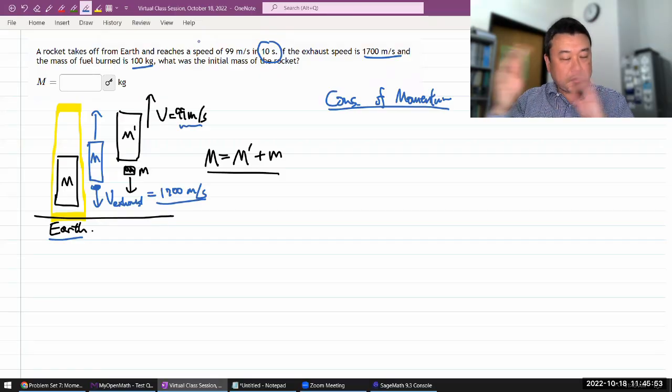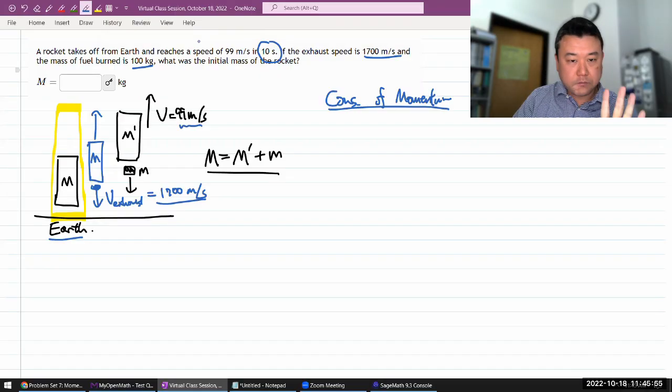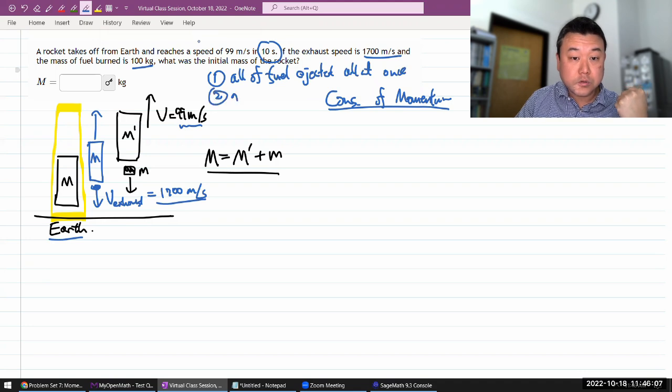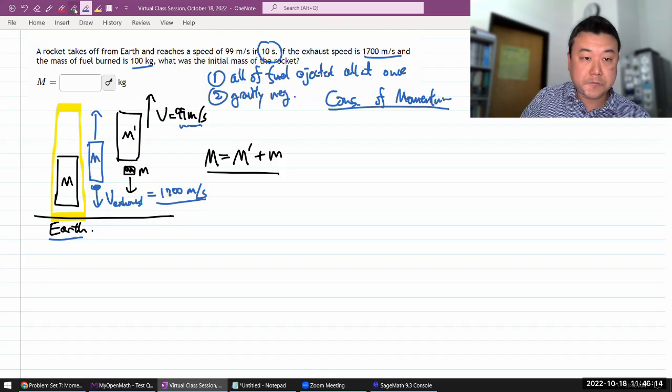So okay, with those two approximations, one, all of the fuel ejected all at once, two, gravity negligible, this is the equation I would set up.